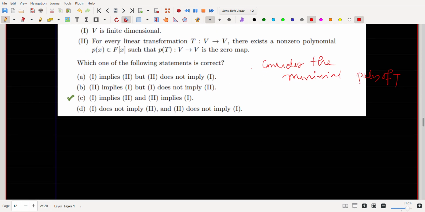Now what about 2 implies 1? So if possible, V is infinite dimensional.